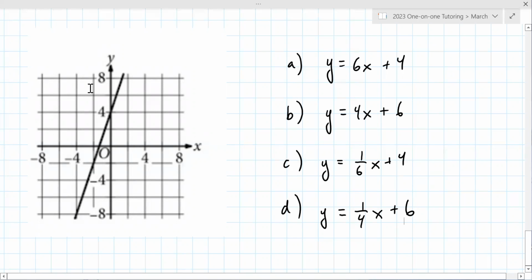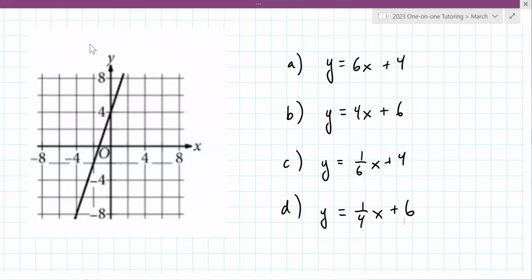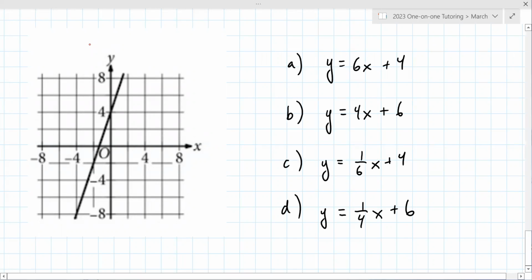What is the b value on this graph? Where does the line cross the y-axis? Where does it hit the y-axis?